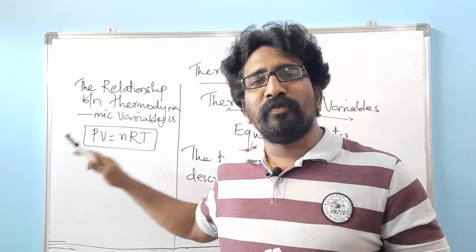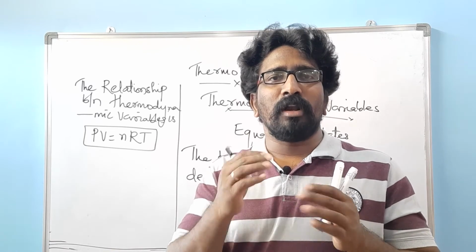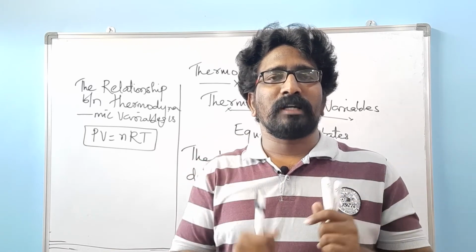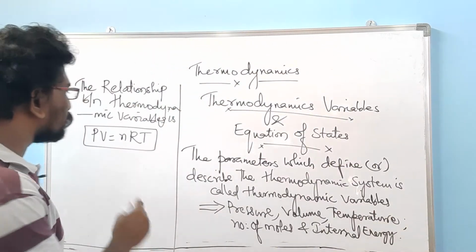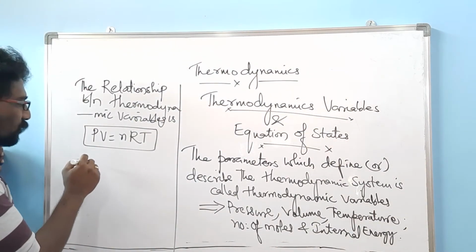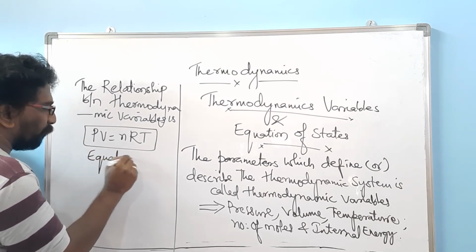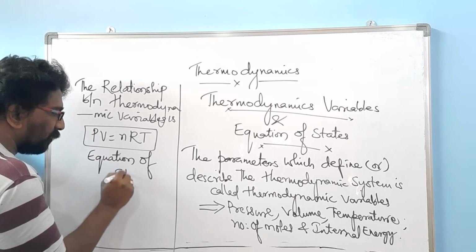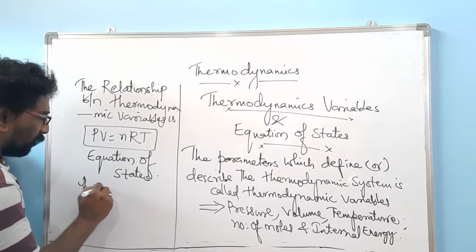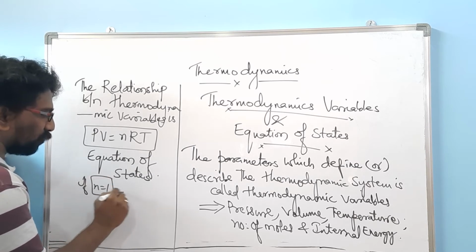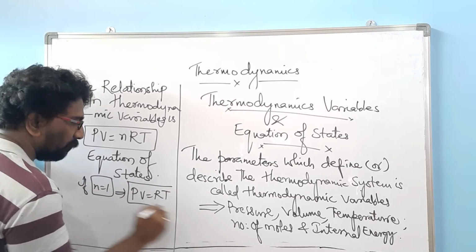If you can make a relationship between thermodynamic variables, we call that relationship an equation of state. So this equation is called an equation of state. If my number of moles equals 1, my equation of state becomes PV equal to RT.